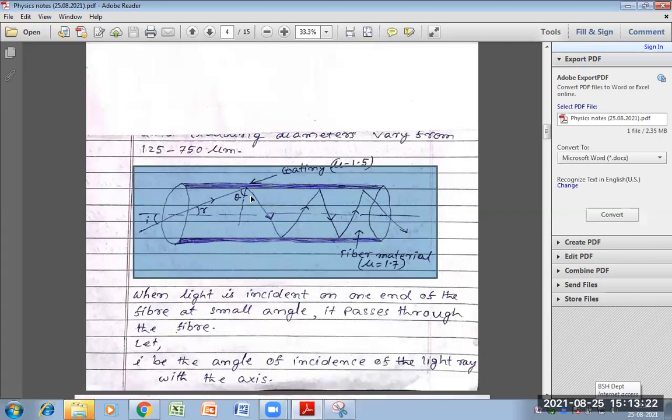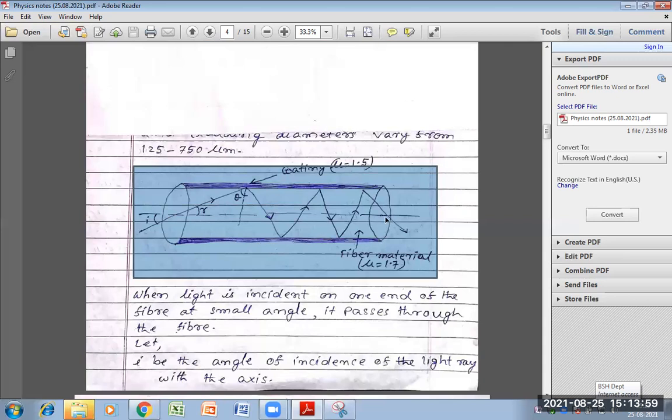For angle phi more than the critical angle C, light will undergo total internal reflection, as the refractive index N1 of the core is greater than the refractive index of the cladding. Let us compute the incident angle I for which phi is greater than or equal to C, such that the light rebounds within the optical fiber.